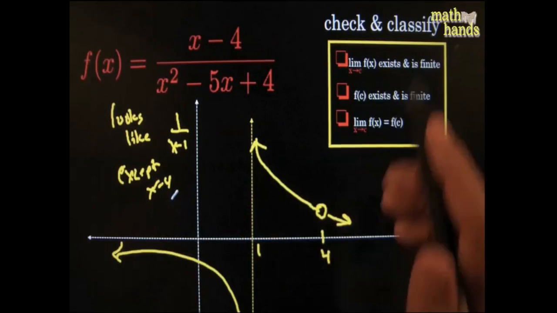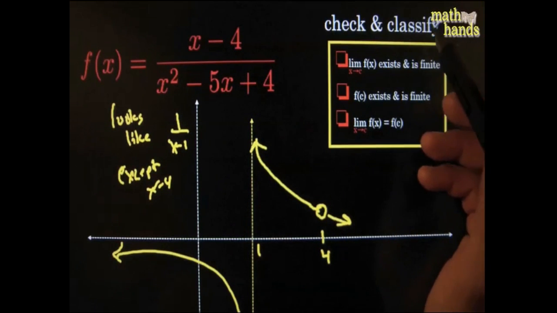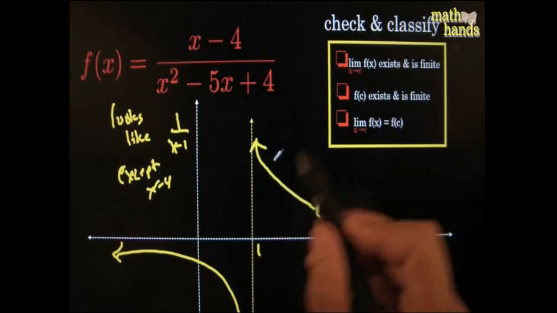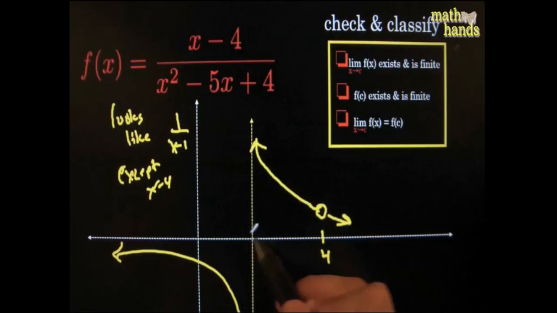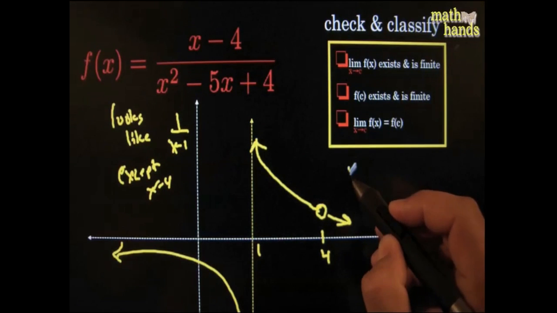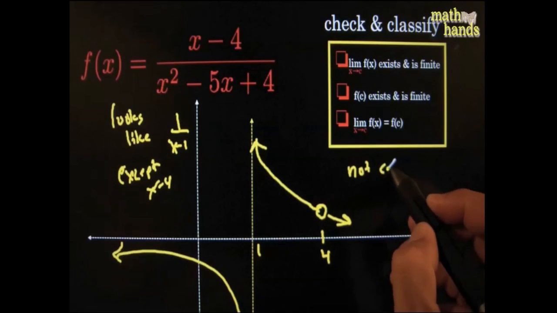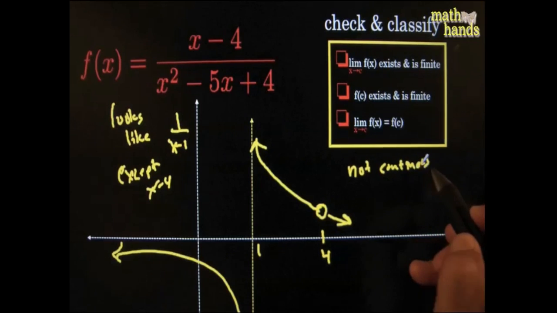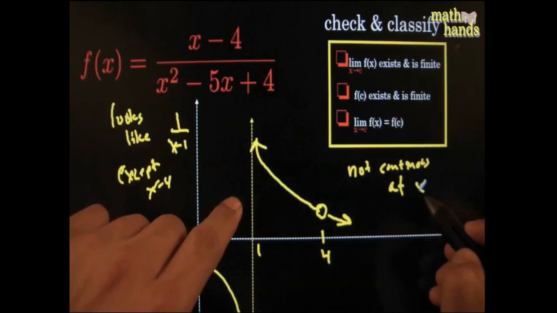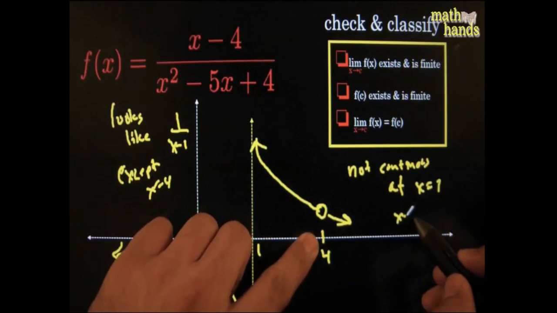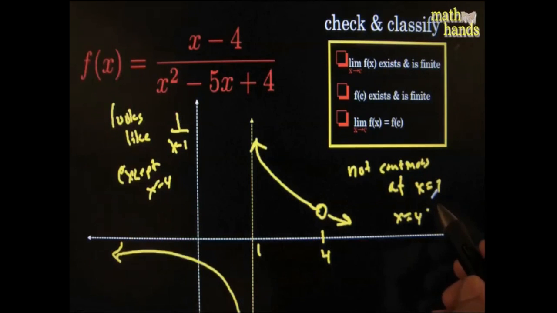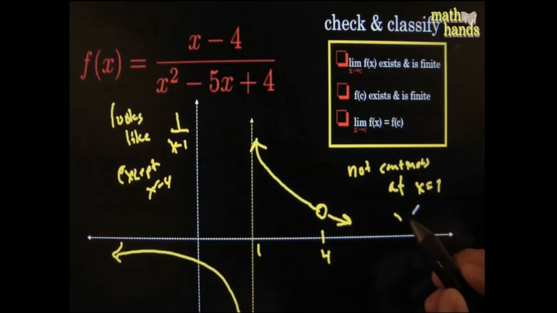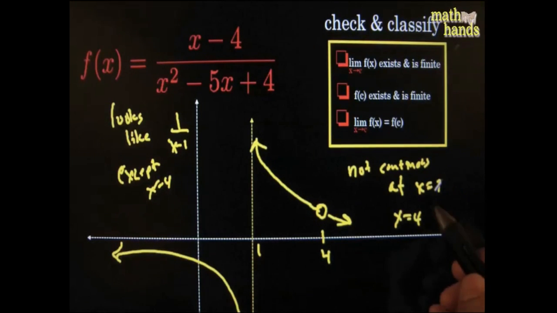And so here's my graph now. Check and classify it. Is this function continuous? Well, does it have a limit? Yeah, it has a limit everywhere except here. So it's not continuous at x equals 1 and x equals 4. It has a limit everywhere except at 1.